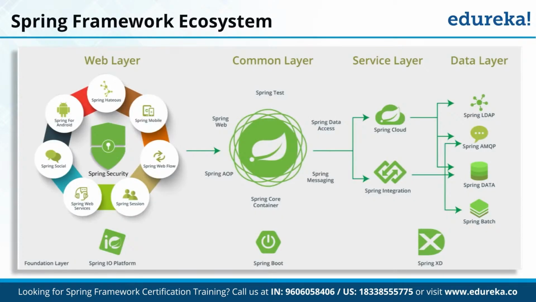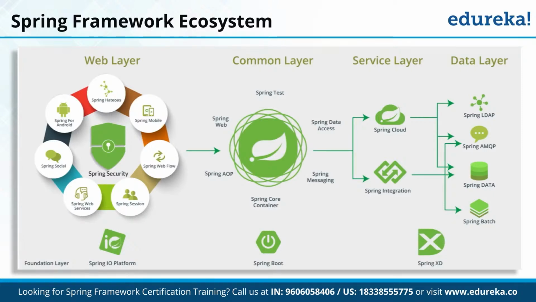So what exactly is the ecosystem of the Spring Framework? Guys, we got a web layer, right? And we got a common layer, service layer, and a data layer. These are the different layers available in the Spring Framework ecosystem. The web layer is basically the Spring IO platform, right?